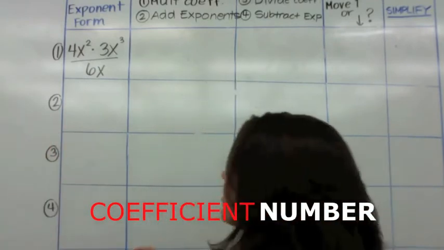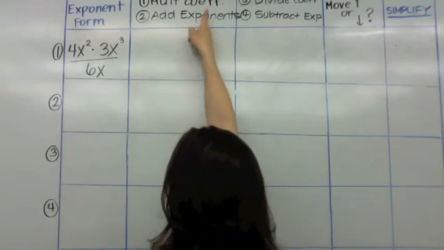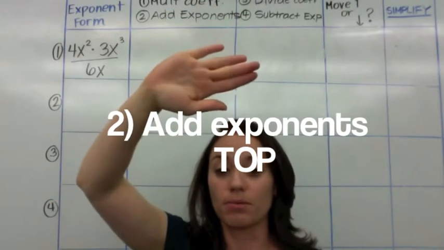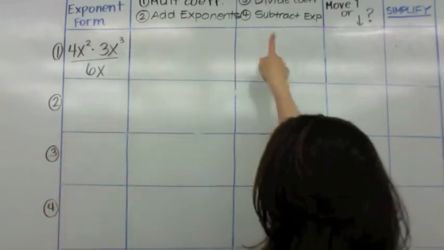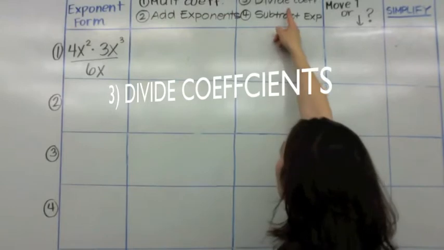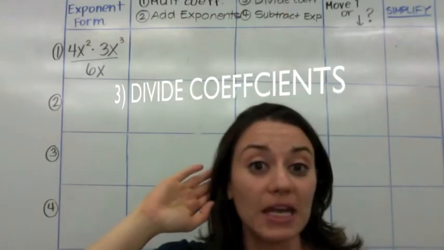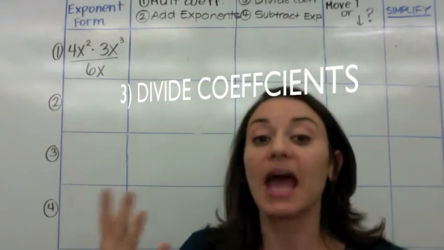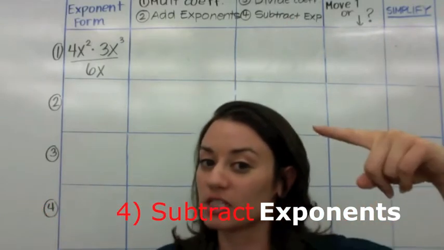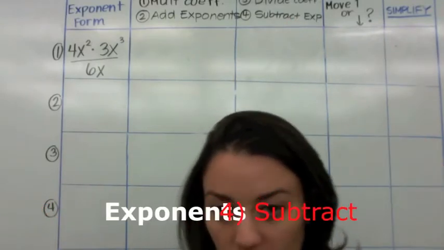Now step 2 is add the exponents. Now this all happens at the top. Then for steps 3 and 4, you go to the bottom. Step 3 is going to be to divide the coefficients. And then, of course, you want to subtract the exponents.